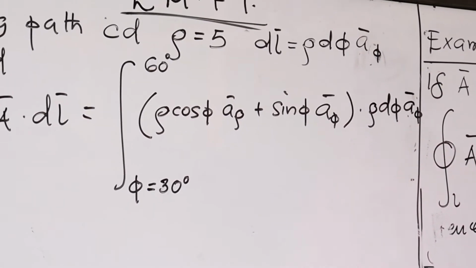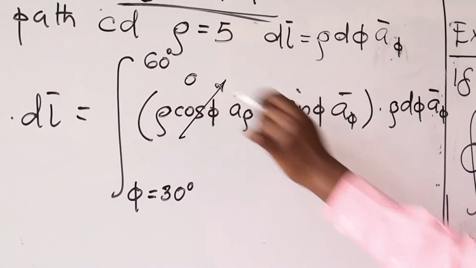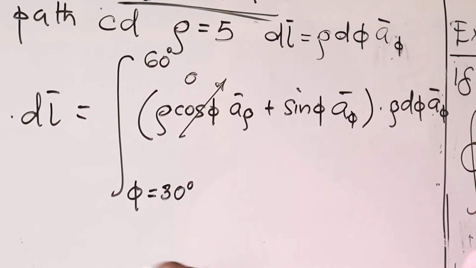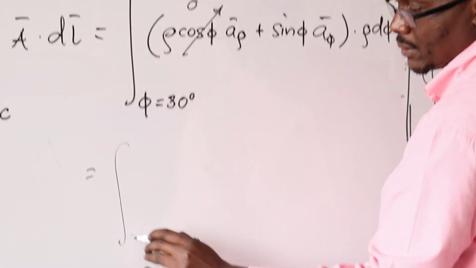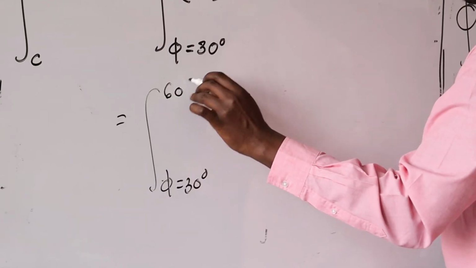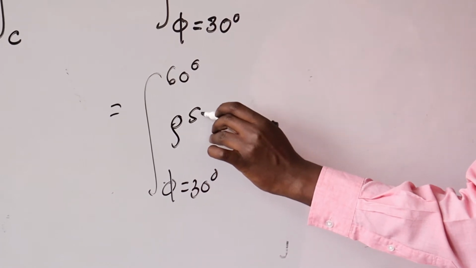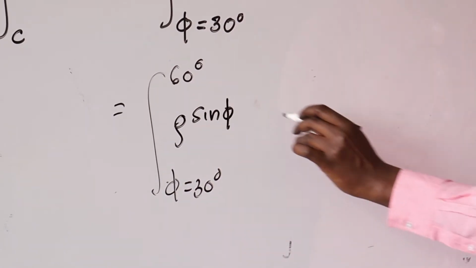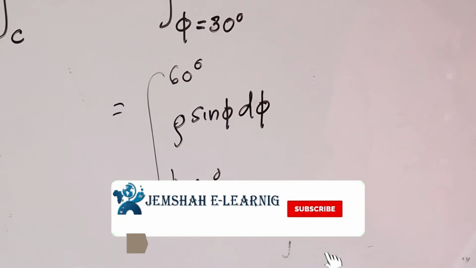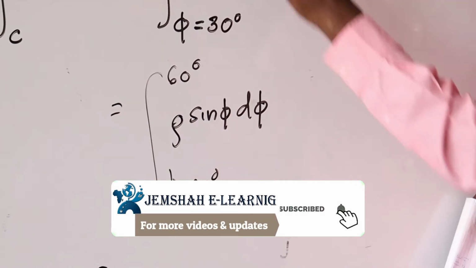So once again, if I dot, this term disappears and gives me a 0, and I'm only left with that because of A phi dot A phi. So this translates into phi from 30 degrees to 60 degrees. Then we have rho, the sine of phi d phi. So rho is a constant.